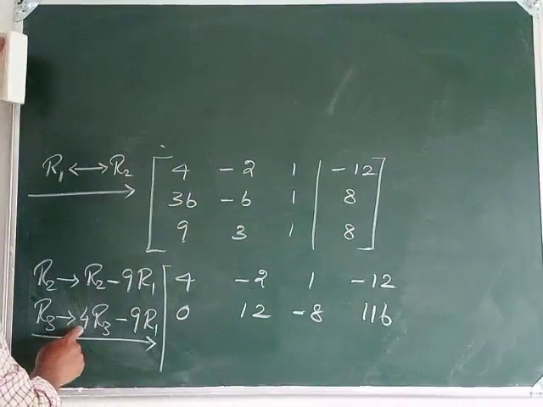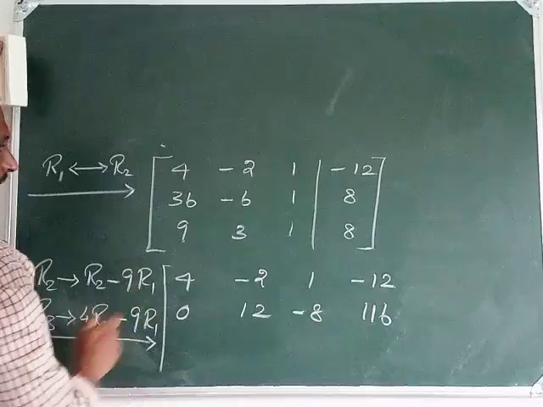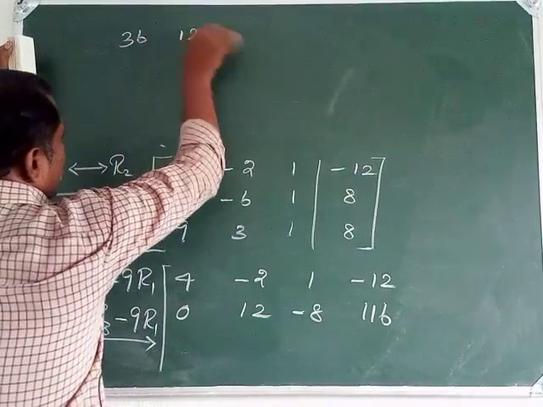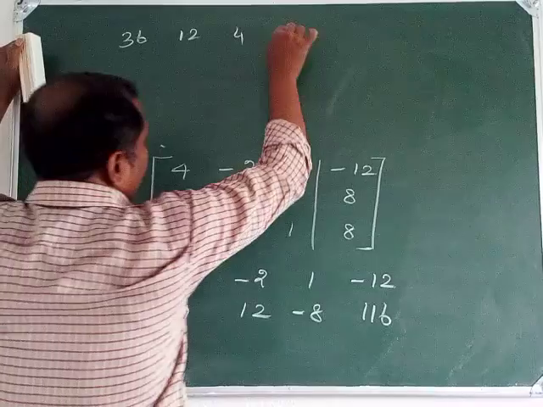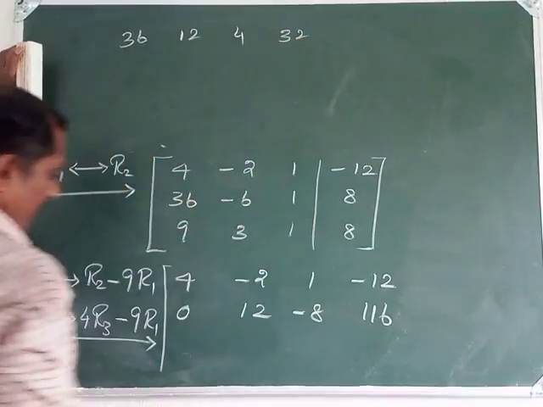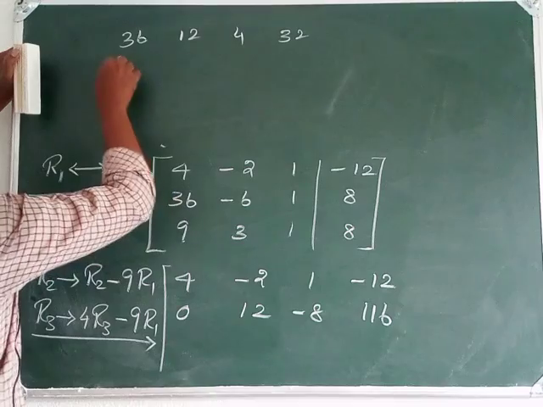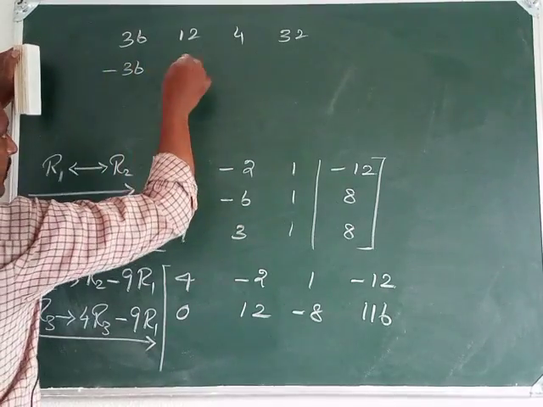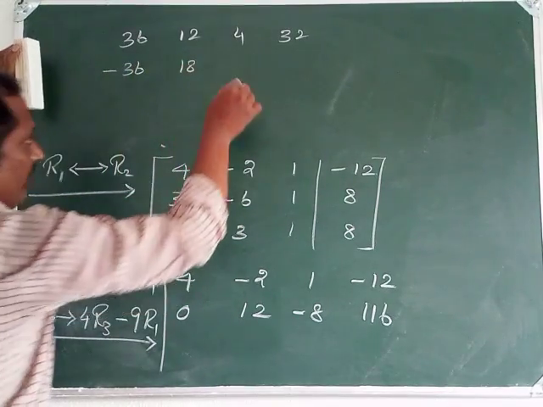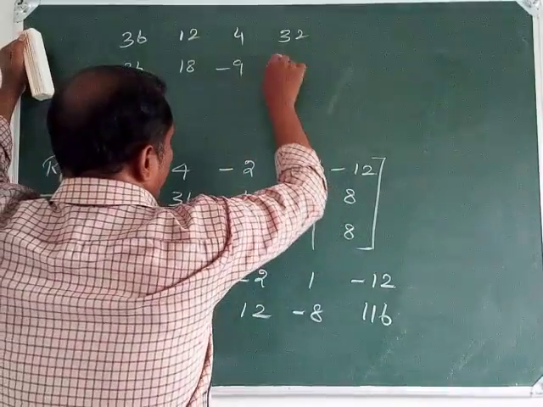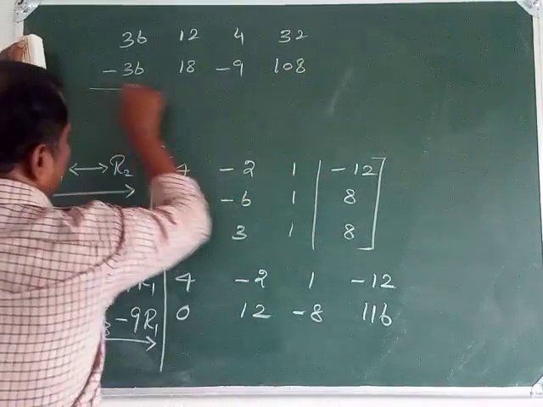Third row implies 4 times R3. R3 can be multiplied by 4. So 4 3s are 12, 4 8s are 32. R1 can be multiplied by minus 9. Minus 9 4s are 36, plus 18, minus 9, plus 108.